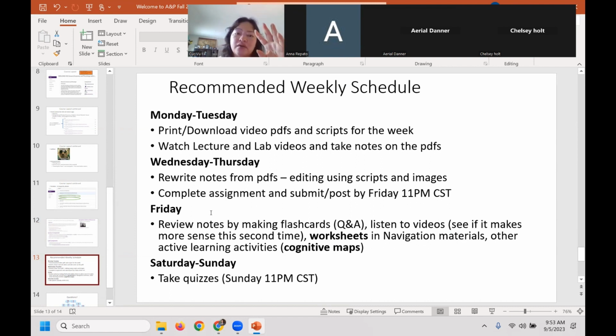Science courses require three things. One, you have to study the material. Two, you have to actually test yourself on whether you know the material or not, because studying the materials puts the information into your brain. You have to practice pulling the information out, and you can only do that by doing flashcards, quizzes, worksheets, and concept maps, because that's seeing whether you're able to pull that information out or not.